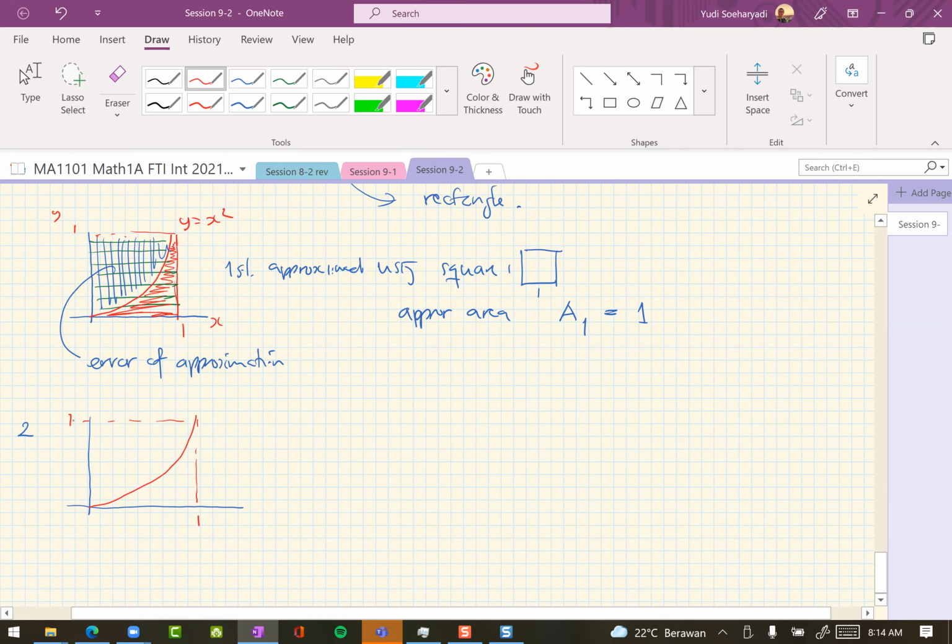We want to use a rectangle, but now instead of one rectangle, we use two rectangles. So the approximation is this one: the first rectangle, and then the second rectangle.